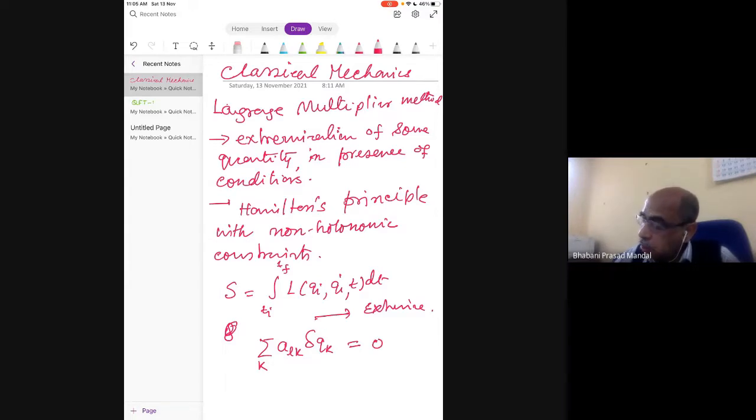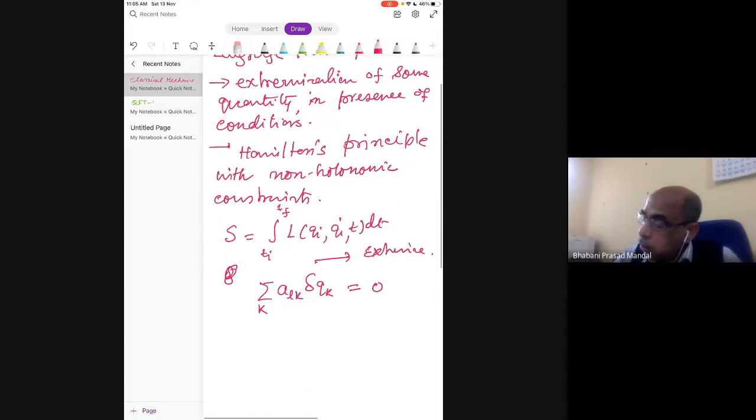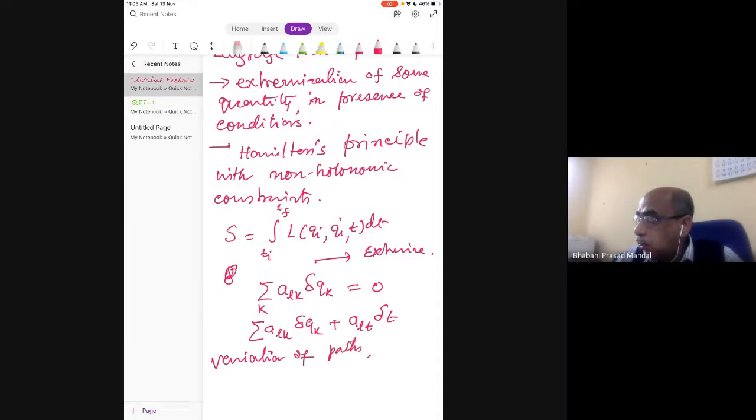In general, the non-holonomic constraint will be, let me explain once more, a_lk delta q_k plus a_lt delta t. But we consider the variation of the path with virtual displacement.